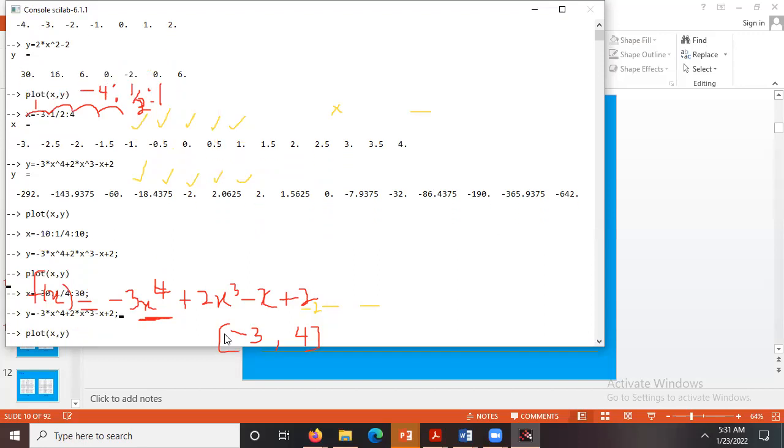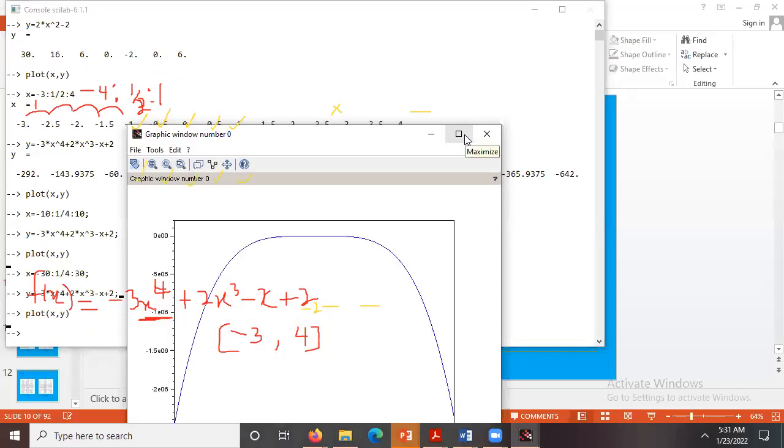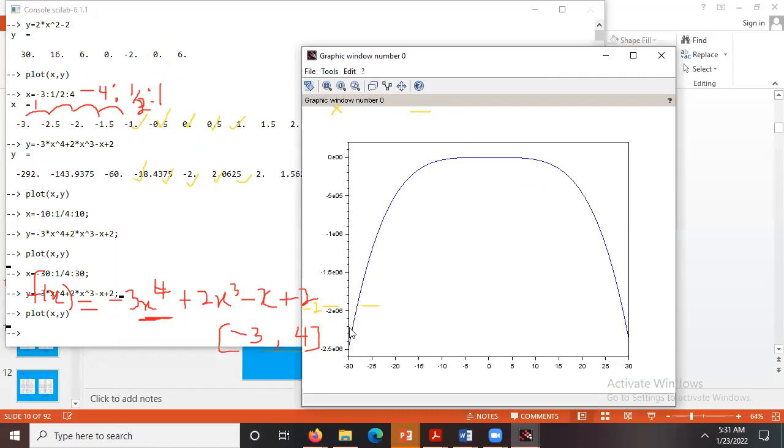Then I have plot xy. Certainly this is the nature of the graph. It's supposed to show the pattern somewhere here, the turning here, but we are really not seeing it. That is the display of this particular graph. If we set the set of points, we are going to get the function as we see here.